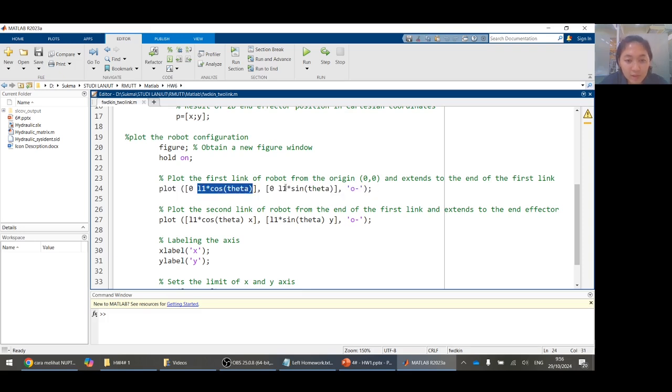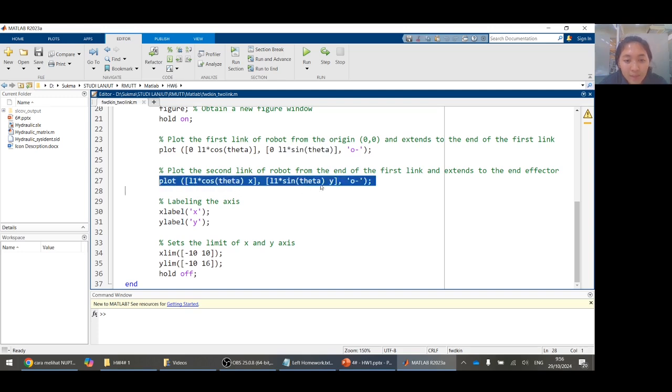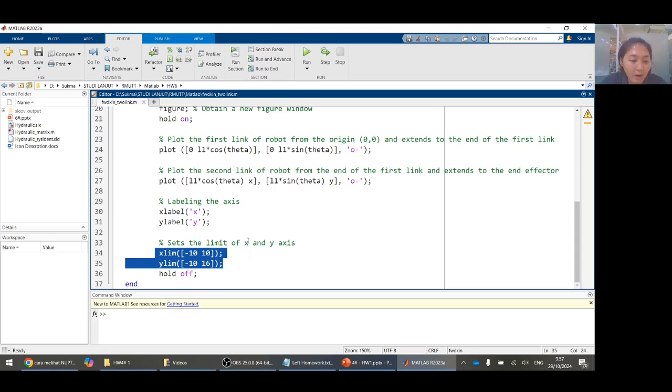This is only the calculation of the first link, and then this plots the second link of the robot from the end of the first link and extends to the end effector. This is from 0, 0 to the coordinate x1, y1, and then from the coordinate of the first link to the coordinate value of the end effector. And this is just for labeling the axes, and this is for the limits of the x and y axes.